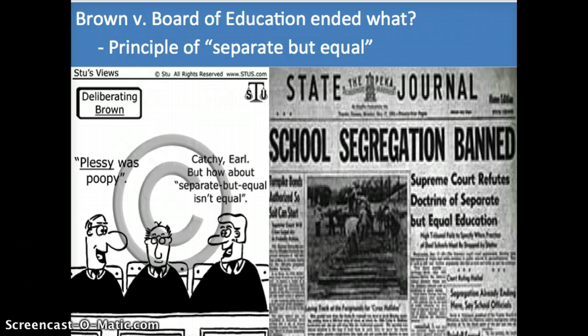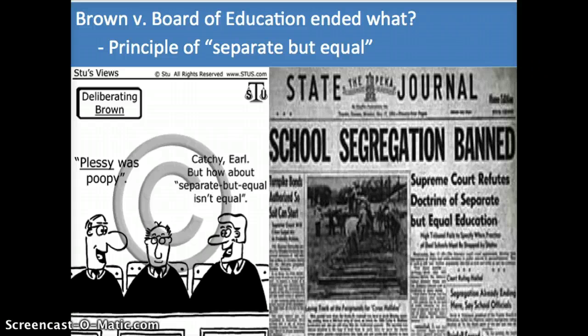It was not equal, and Brown versus the Board, hopefully you have an idea of where that occurred. It occurred a little ways down the highway, in Topeka, Kansas. Rock Chalk Jayhawk there for you all. It was a huge Supreme Court case, and it really set the nation on fire with different ideas, different things occurring, and changed our outlook and led to the Little Rock Nine, which we're going to talk about here in a bit.